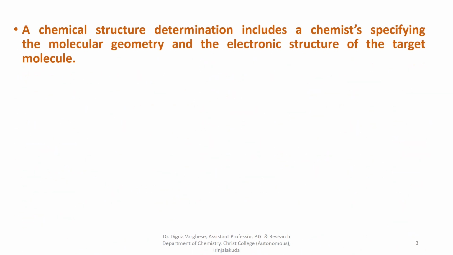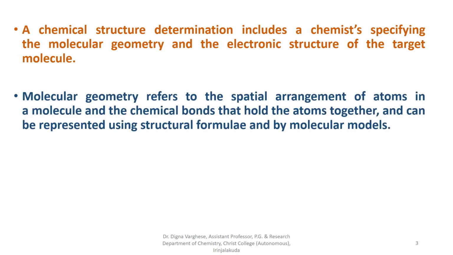A chemical structure determination includes a chemist specifying the molecular geometry and the electronic structure of the target molecule. Molecular geometry refers to the spatial arrangement of atoms in a molecule and the chemical bonds that hold the atoms together, and can be represented using structural formulae and by molecular models.